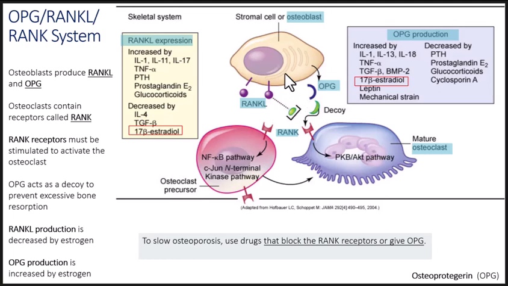Now, one thing that needs to be considered here is controlling the amount of RANKL that is binding to RANK, because we don't want excessive stimulation of the osteoclast. So the osteoblast also produces a glycoprotein called OPG. OPG acts as a decoy to prevent excessive bone resorption. So what does that mean?